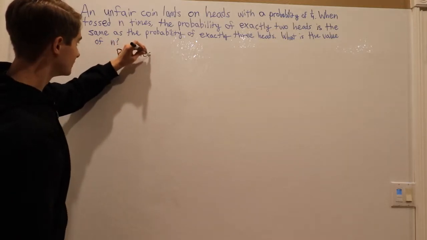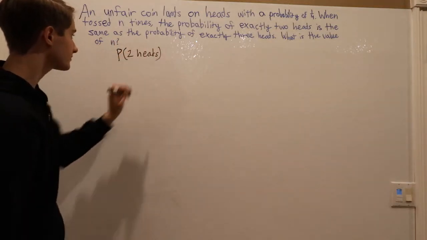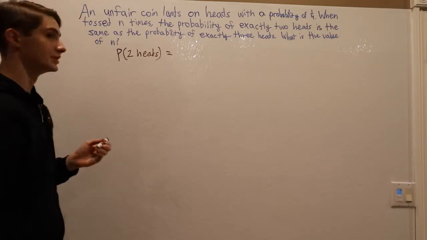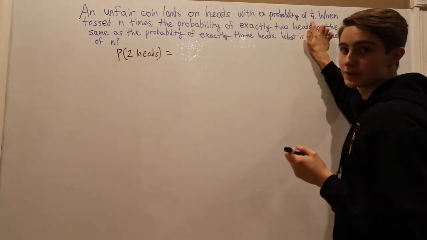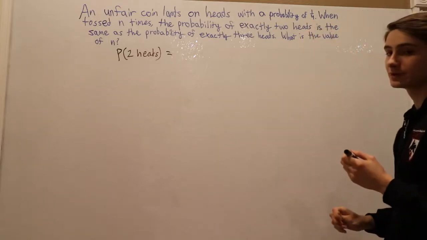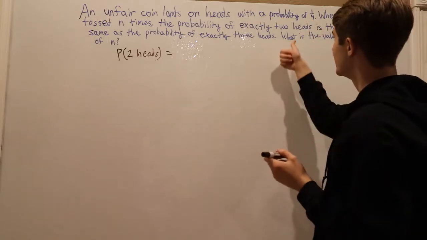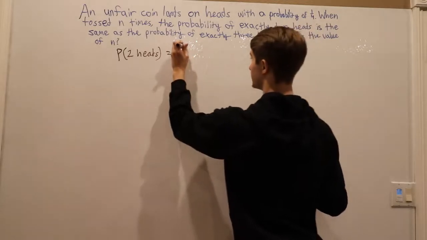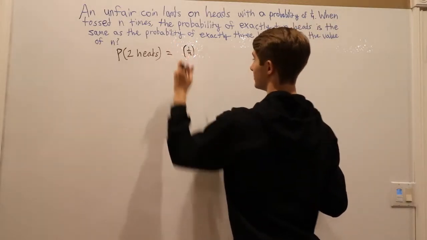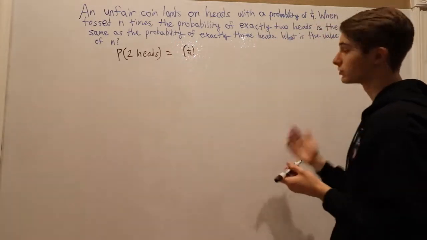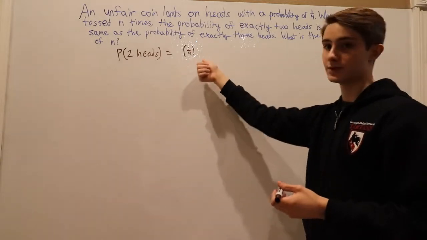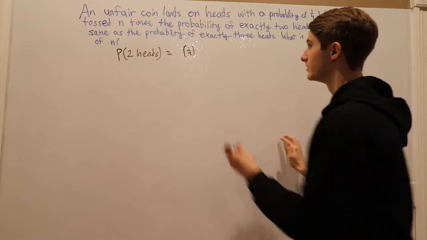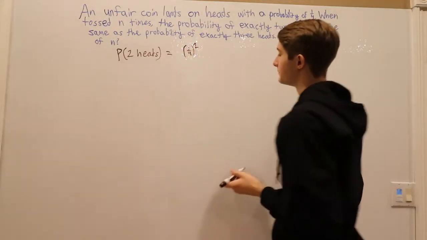The probability of 2 heads. Well, first of all, we know that the probability of heads is 1/4. We need 2 heads, which means we need to get 1/4 twice. The probability of getting heads twice is 1/4 for the first head times 1/4 for the second head, which gives us 1/4 squared.